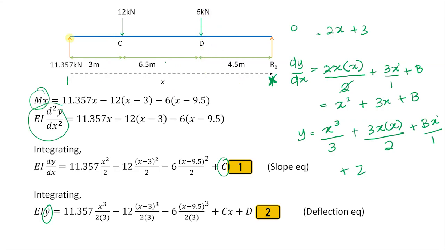Okay, it can happen anywhere, for example like this. But the maximum usually happens in between these two points. It means the maximum deflection usually happens between C and D. It must be larger than 3 meters.